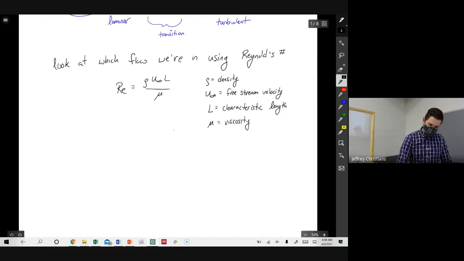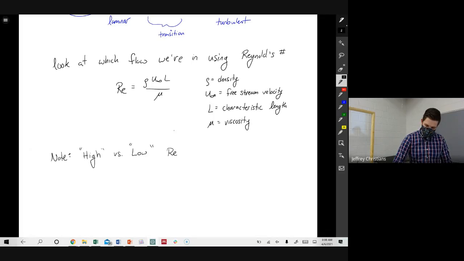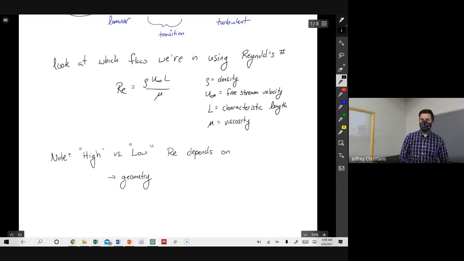But just as a note, whether the Reynolds number is high versus low depends on geometry, first and foremost.